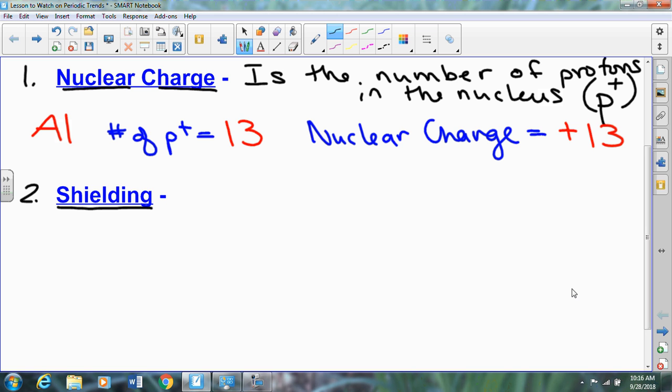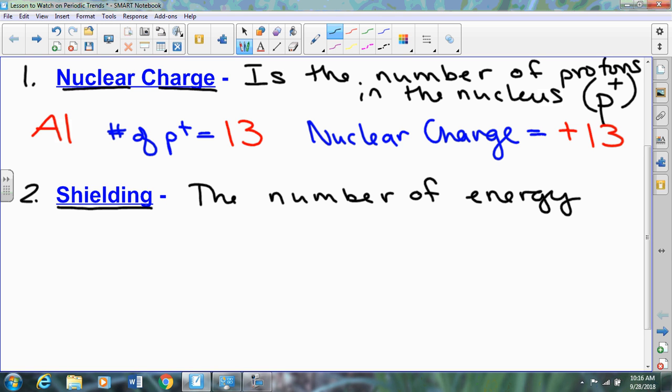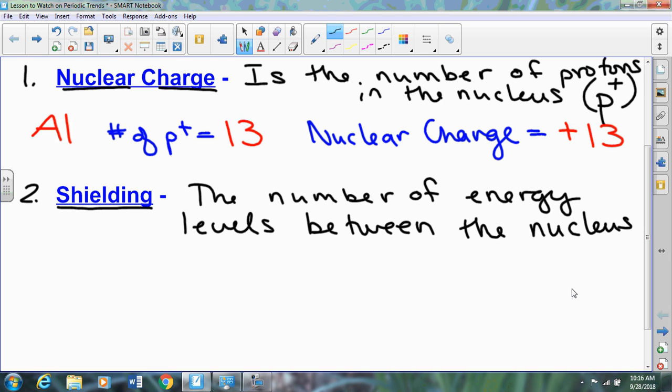Shielding is literally the number of energy levels between the nucleus and the valence electrons.